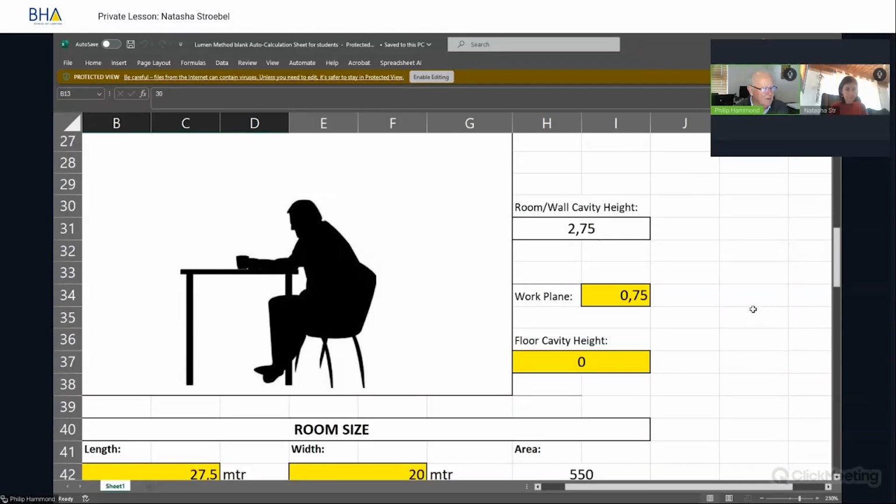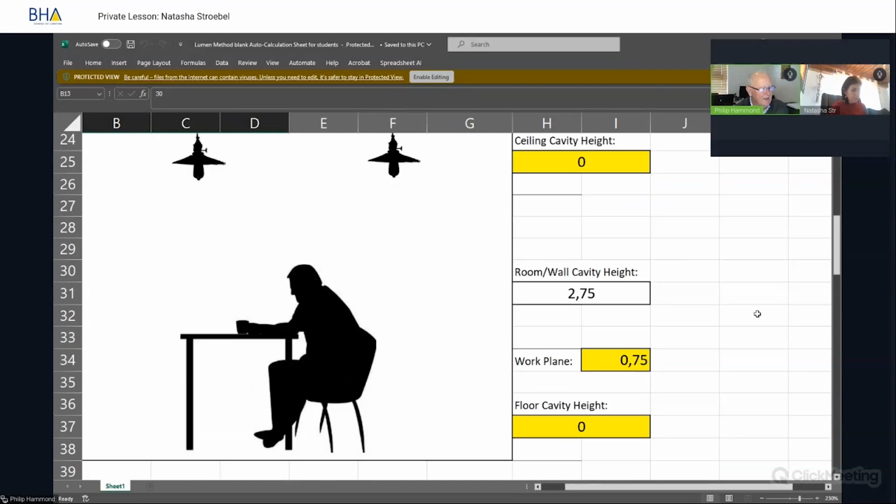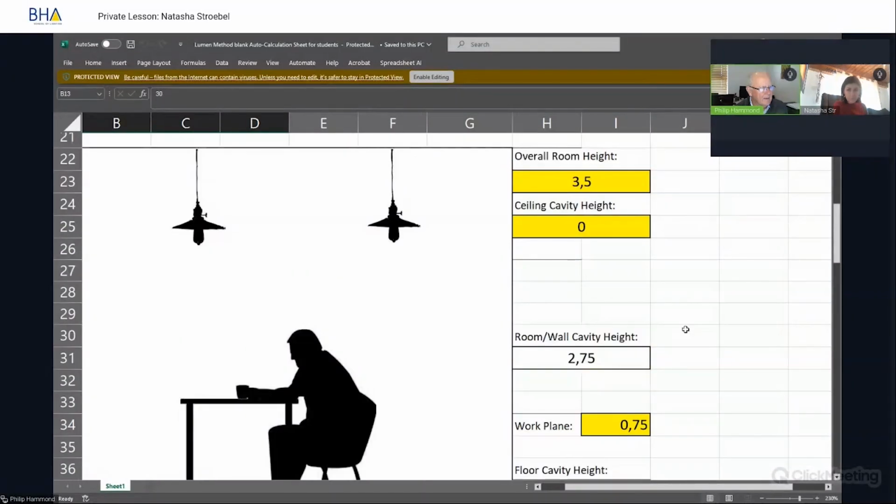Then we go and we say, what's our floor cavity height? We put our working plane in there. The floor cavity height is the working plane. All right? And we take the room height, which is 3.5 meters, less the 0.75, gives you 2.75.